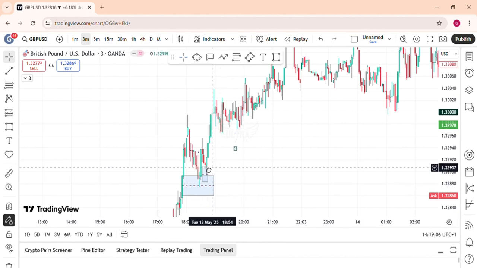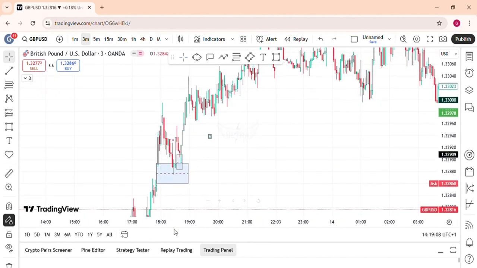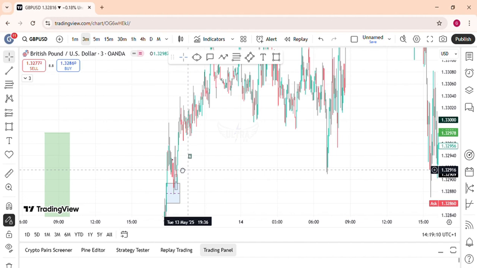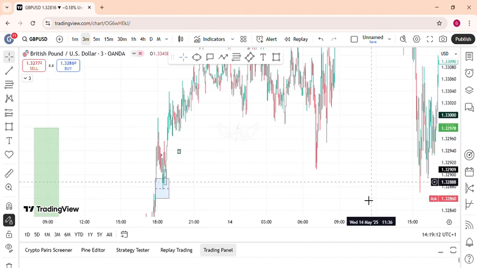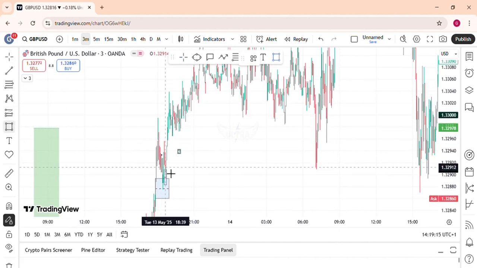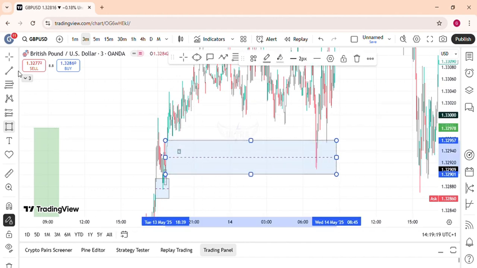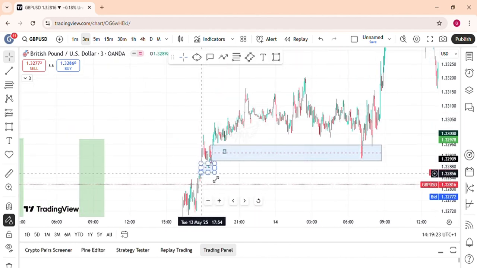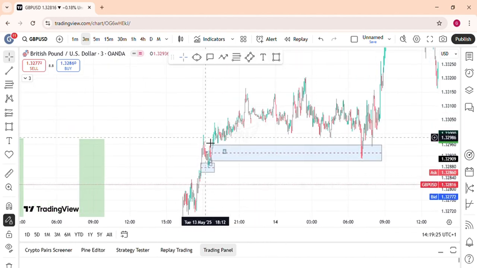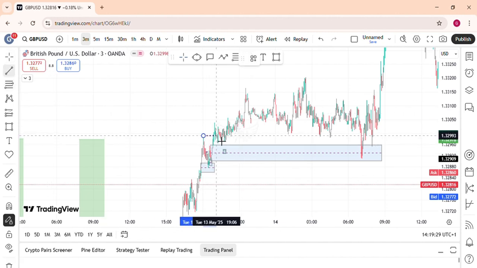So we have a fair value gap here on our 3-minute time frame still. Let's highlight it here like this. Because price tapped into this fair value gap and created a break of market structure here, we'll be waiting for our entry right here, like a long position.